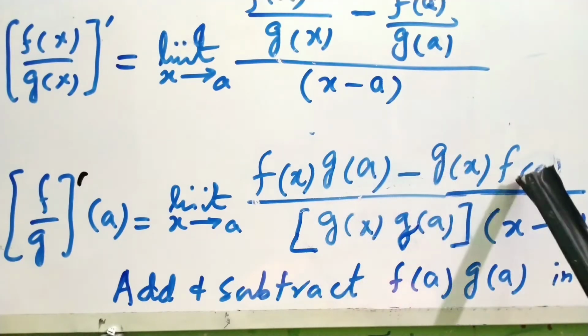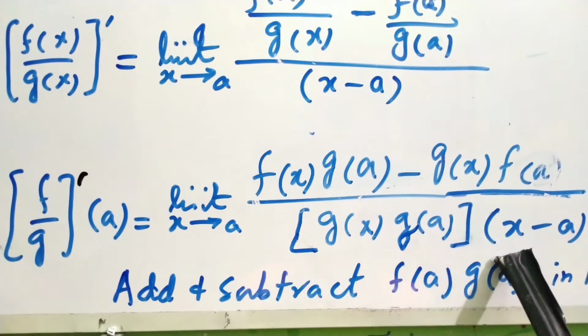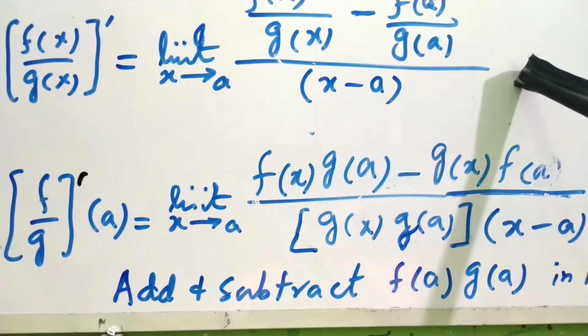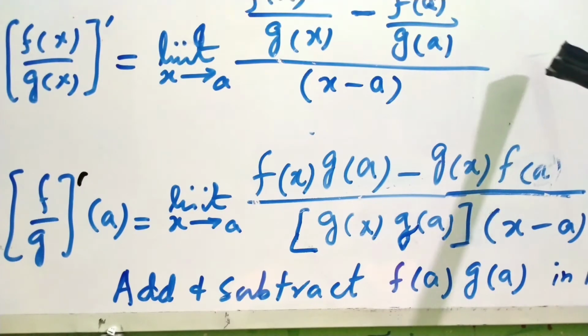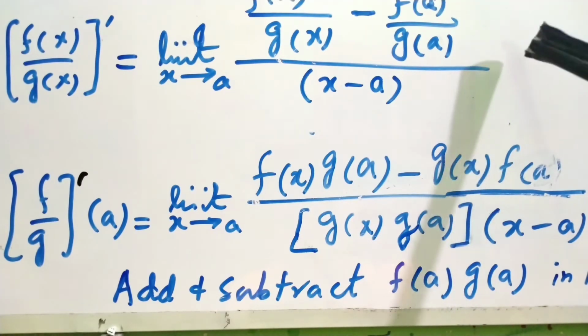So f of x g of a minus g of x f of a, whole divided by g of x into g of a, divided by x minus a. This is just the LCM, and there is nothing special over here.